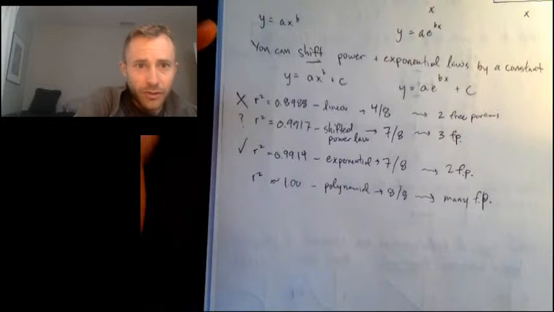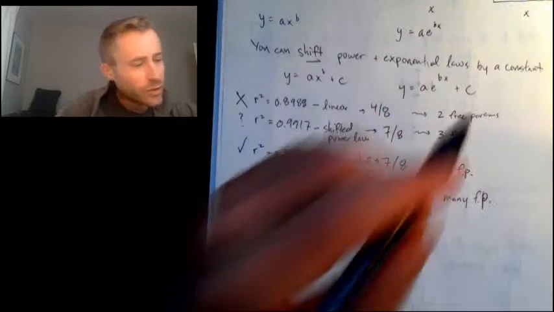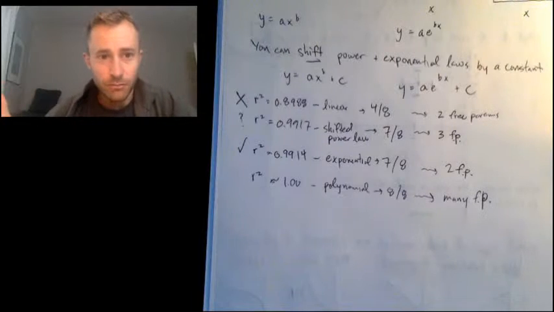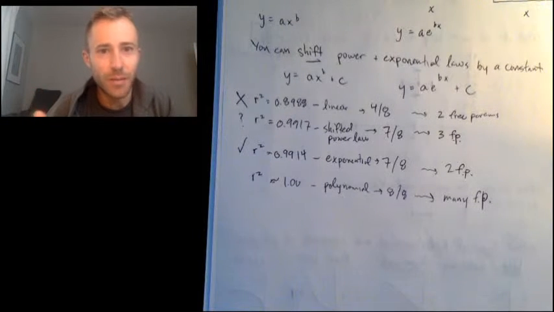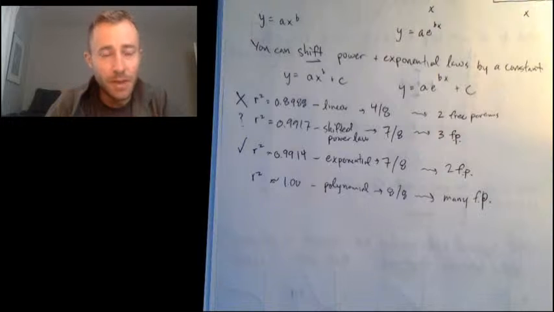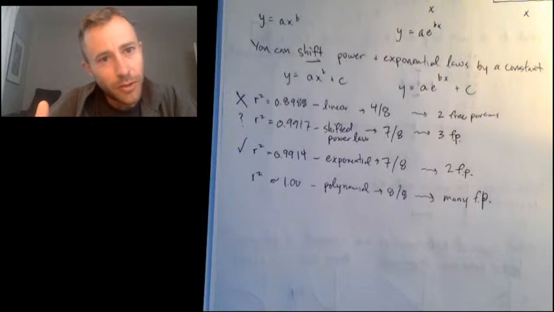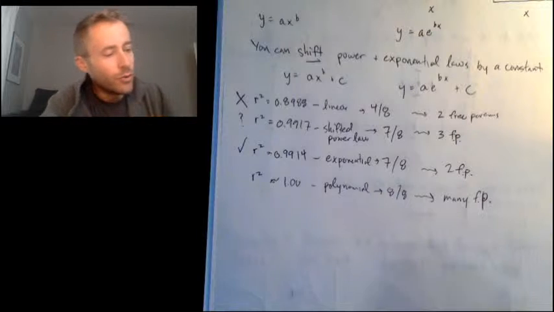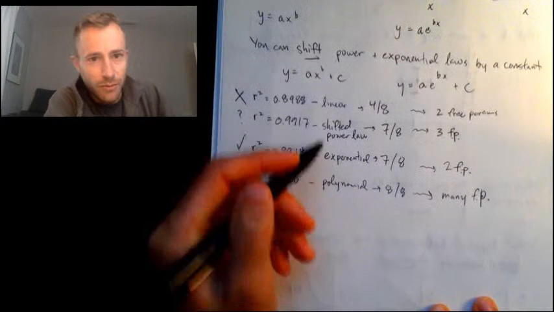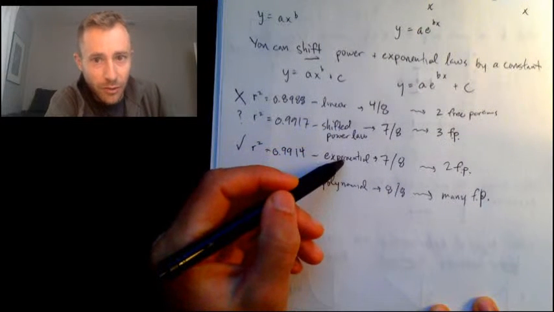What I would advise you to do is, so we're just analyzing data in a vacuum. We don't have any other information about what is actually going on. But if you knew a little bit about the physics that produced this graph, you would have a reason to believe maybe it's a power law or maybe it's an exponential.